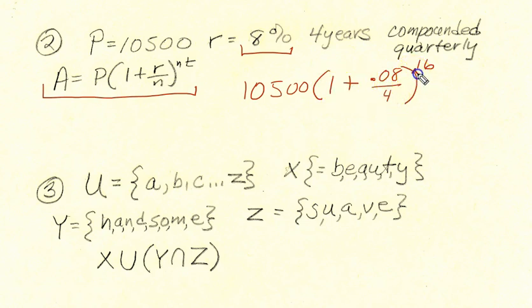I would do caret 16, and then multiply it by this, and let's see what you get. And of course, you're going to round off to 2 decimal places. So when I do it, I get this, and I look to my 3rd decimal place, it's a 9. So I'm going to drop the 9 and make this 4 a 5. And then this would be your answer.